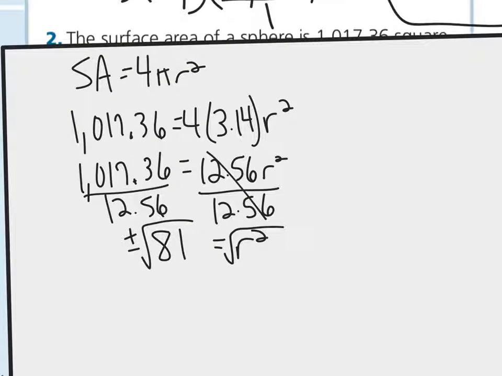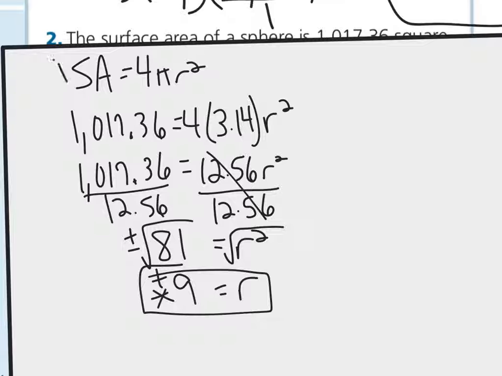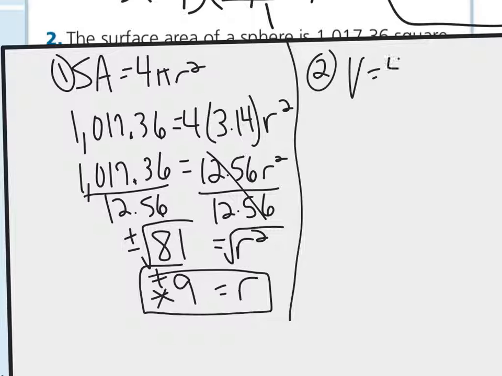Technically, we should add plus or minus. I know it's never working on these situations, but if there's a situation where it just says solve the equation, we need two answers. If it just says solve this equation and we don't know, and it's not a radius, that has to be positive. So radius is 9, and then we can substitute that into our formula.